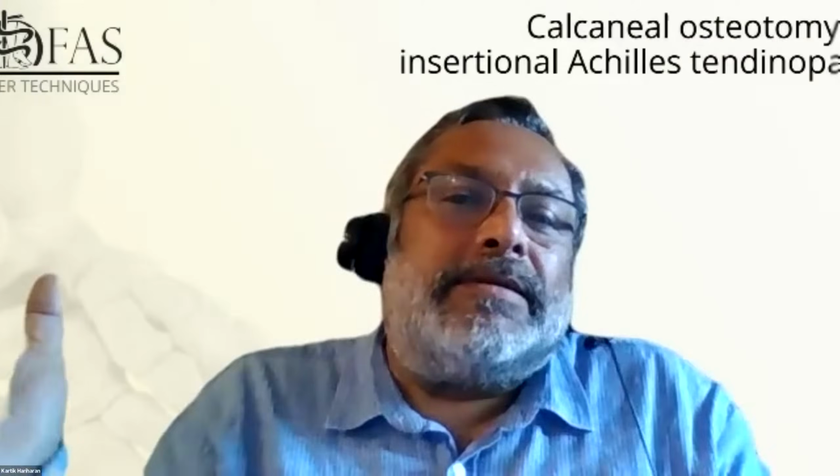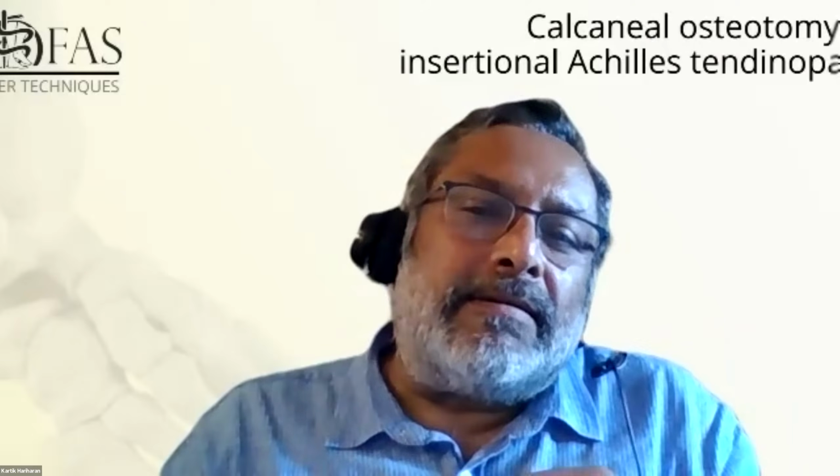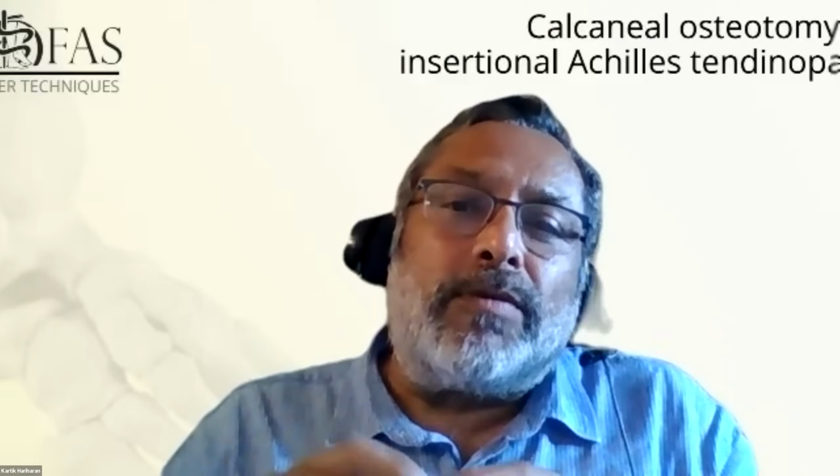Okay, next question. There are lots of questions, so I want to try to get to as many as possible. The next question from Mike Carment is, why does the Haglund get bigger, and does the size correlate with symptoms? In my hands, size doesn't correlate with symptoms. I've seen patients with huge Haglund deformities with very little symptoms, and I've seen others with a quite small one who complained.